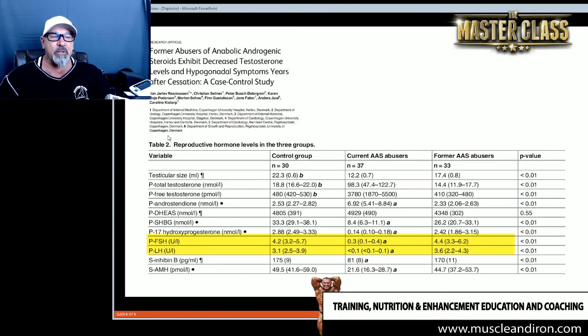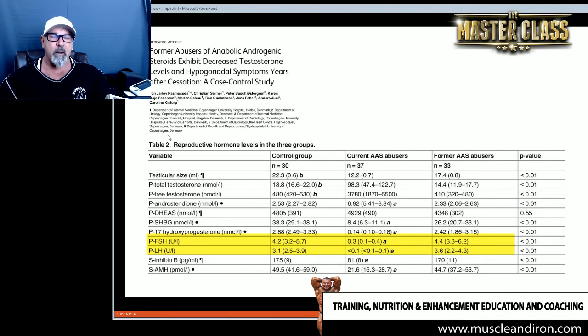Okay, so this is what I would suggest. If you're an individual walking away from this world and you've gone and got your blood work done and you've done everything the right way in terms of post-cycle therapy and you have been unsuccessful in elevating your luteinizing hormone and your follicle-stimulating hormone levels, then this class of drug is something that you might put on the table for discussion and consideration.